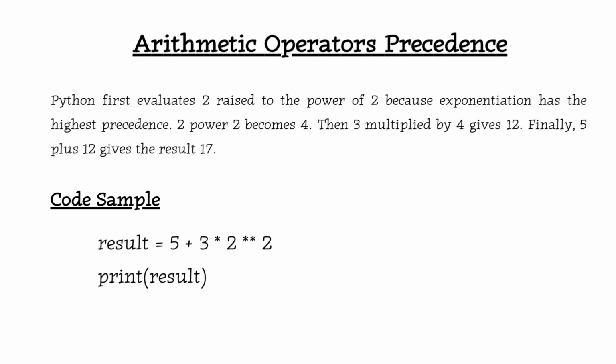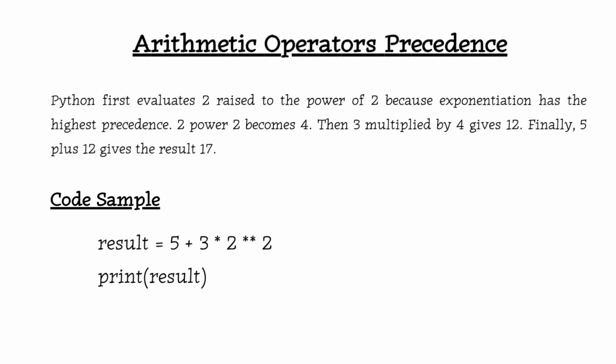Then the third operator, plus, comes into the picture. The 12 we calculated earlier gets added to 5, and that gives a result of 17.